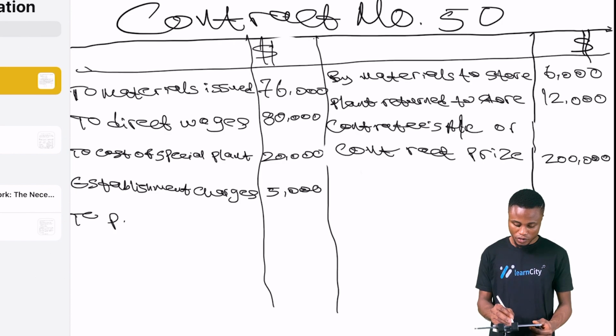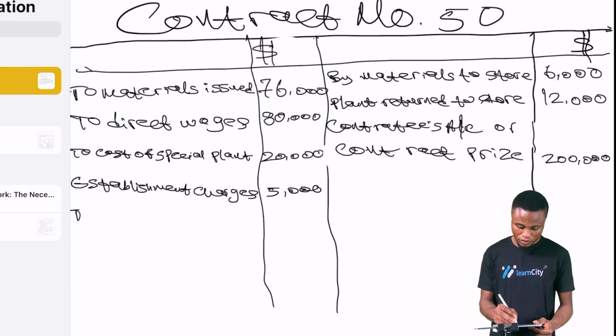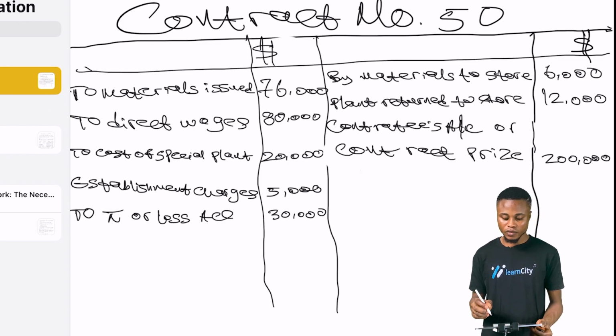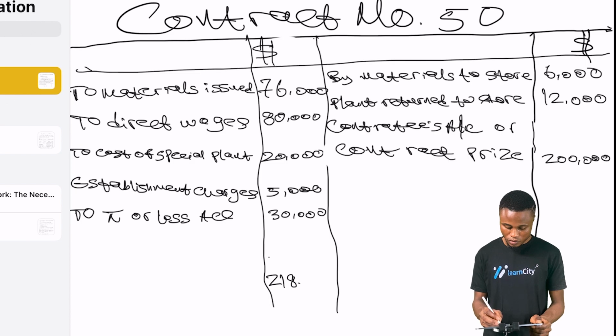So profit, sorry, let me use P/L to represent profit or loss account, $30,000. If you now total it, we are going to arrive at the same total, which is $218,000. Of course, if you do this, the rule of our trial balance has been met.